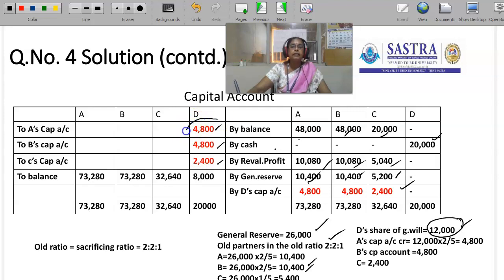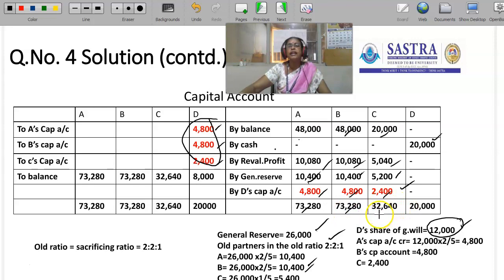Specifically, I have changed the color in order to help you understand. The red color represents the goodwill treatment. Here we have debited the capital account of D, and credited the capital accounts of A, B, C in the sacrificing ratio: 4,800, 4,800 and 2,400.